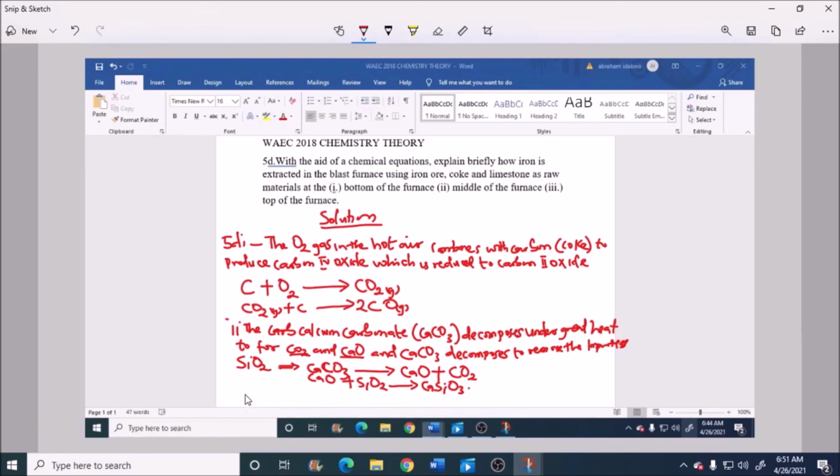But let's see what happened at the top of the furnace. That is Roman figure 3. So iron 3 oxide is reduced, that is at the top of the furnace, to metallic iron.